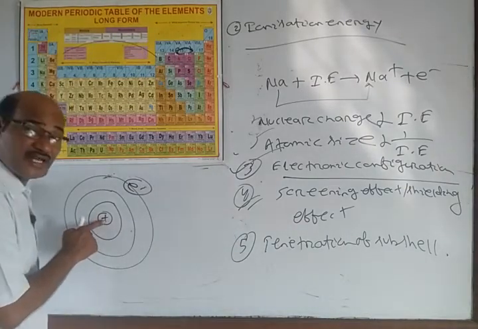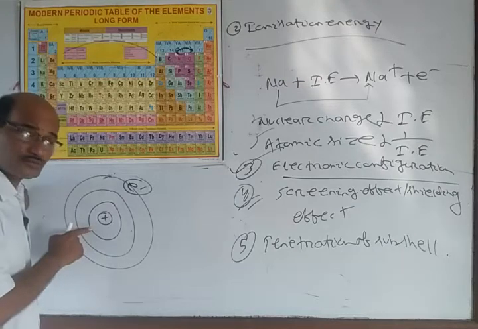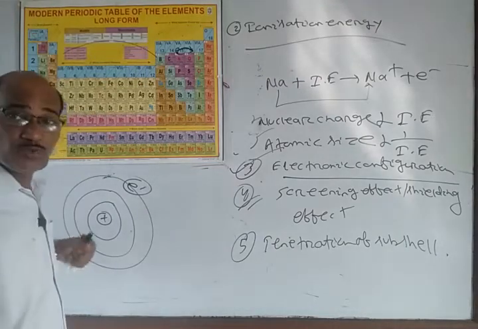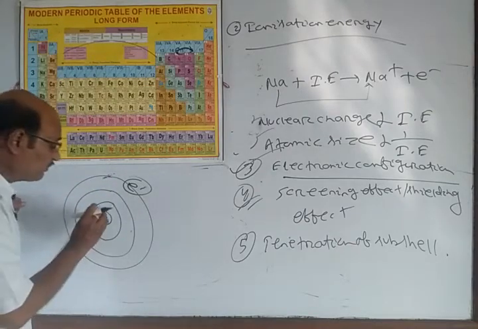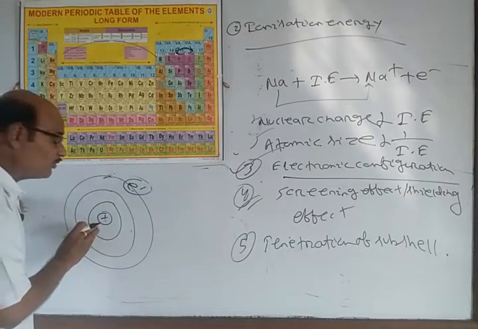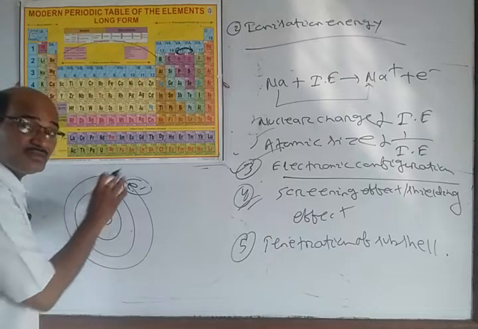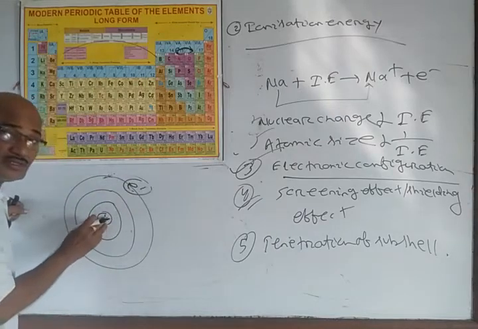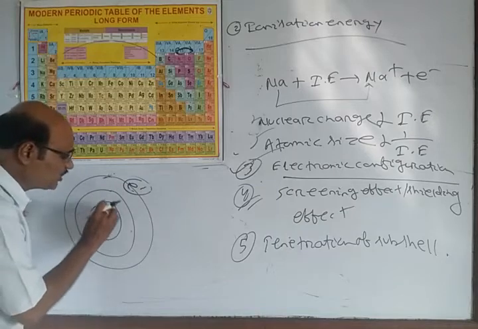Now the nucleus is exerting its force of attraction on each orbit, right? If we have more number of electrons in between the valence electron and the nucleus, or you can say if we have more number of orbits in between the nucleus and the valence shell, then the nucleus will spend its energy to attract the electrons of each orbit.